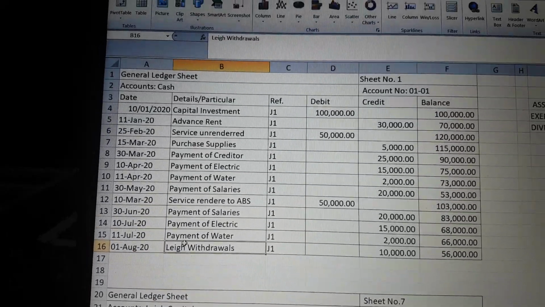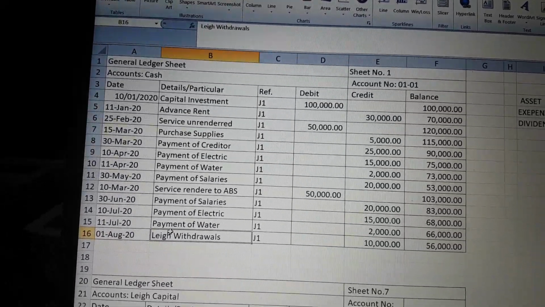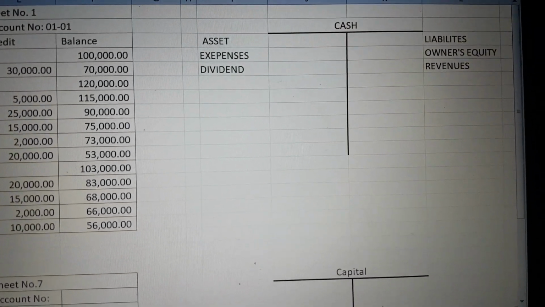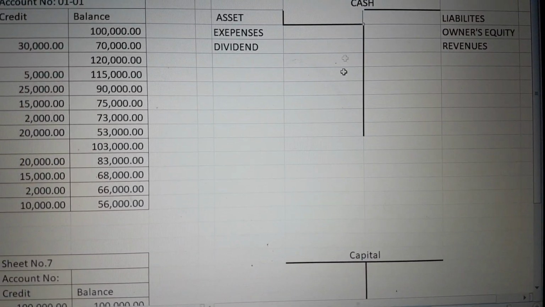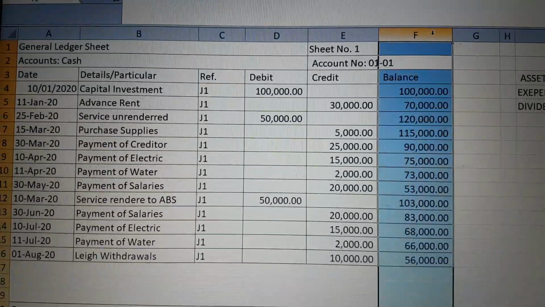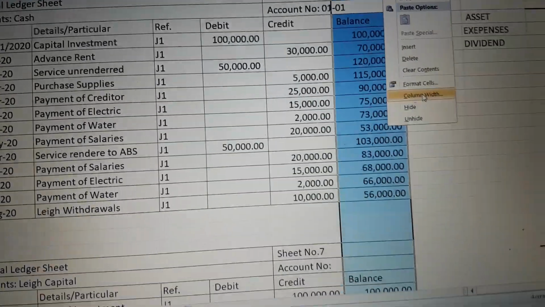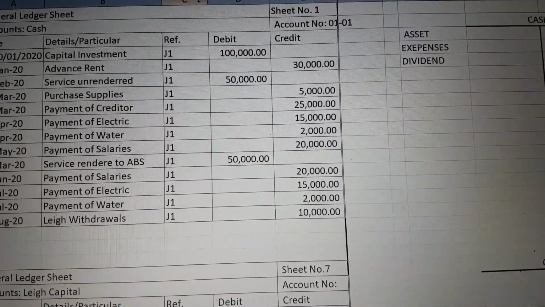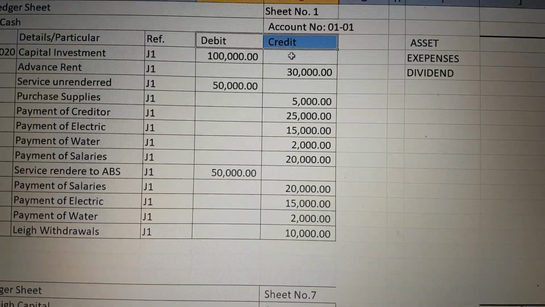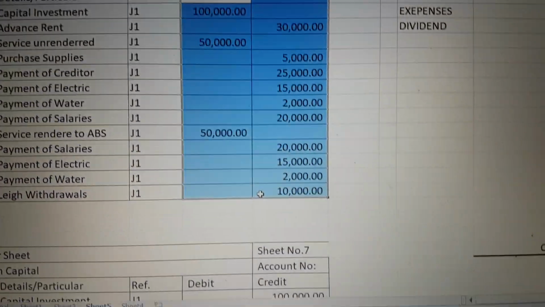Okay, so what is now a T account? Actually, you could easily determine a T account by putting just the debit and credit. That's why it is called a T account. If we hide the balance, this would form almost the same as our T account, which is the debit and credit.